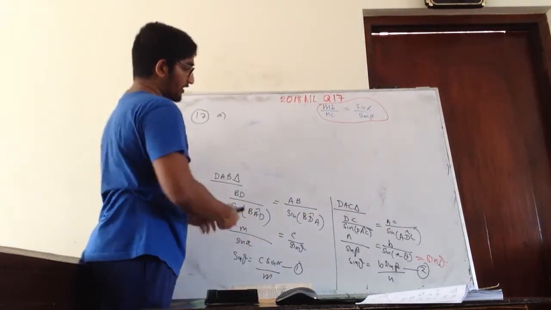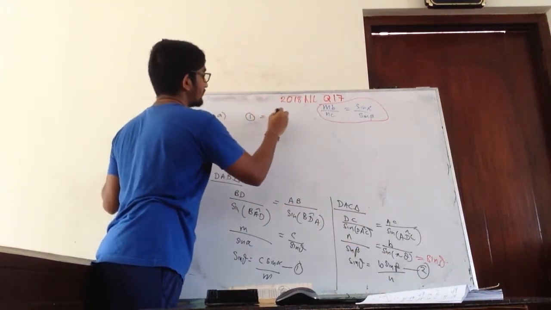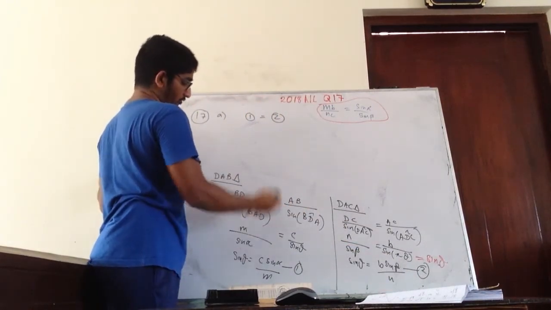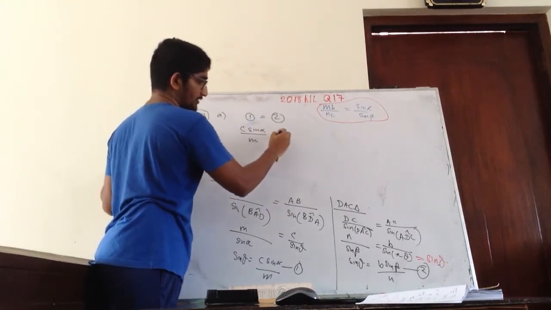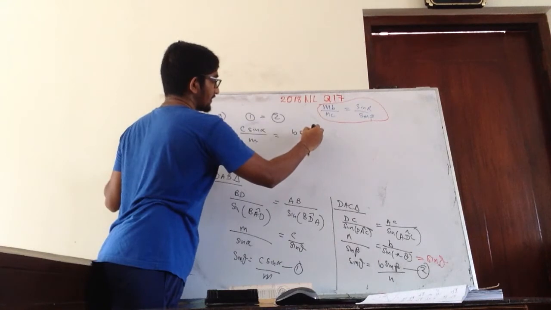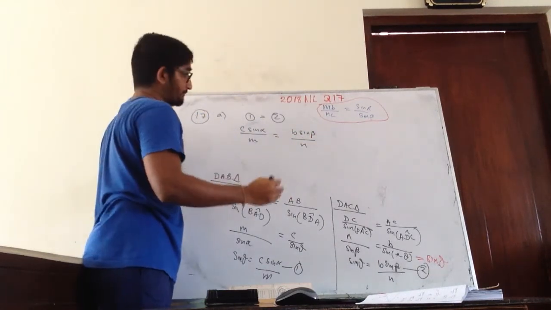So now 1 and 2 are equal. So that is C sine alpha over M is equal to B sine beta over N. Right?